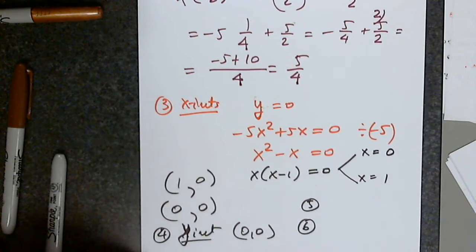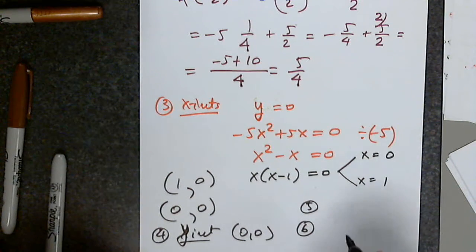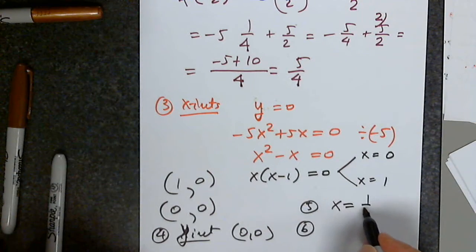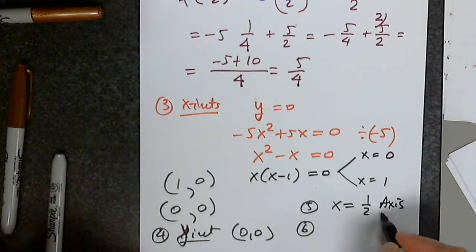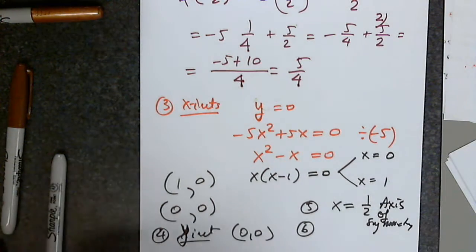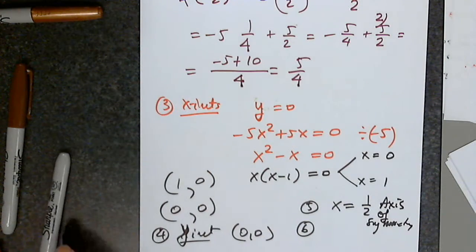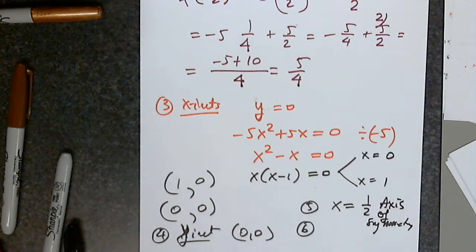What is the axis of symmetry of this parabola? The vertical line, x equals 1/2, axis of symmetry. It's the vertical line passing through the vertex. Does this function have a max or a min? Max.